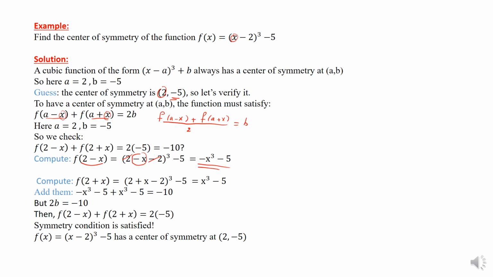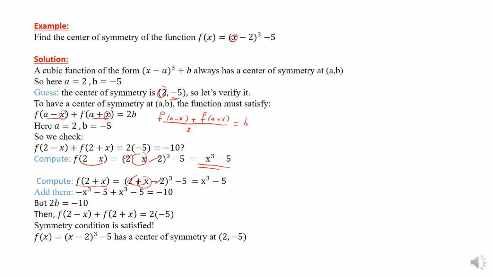You compute f(2 + x) the same way. You replace x by 2 + x, so (2 + x - 2)^3 - 5, 2 with minus 2, you will get x^3 - 5.